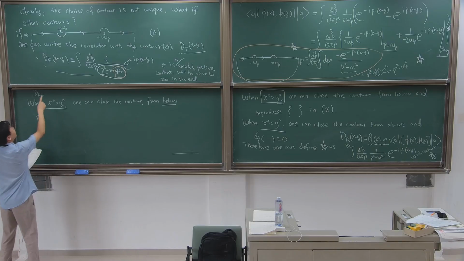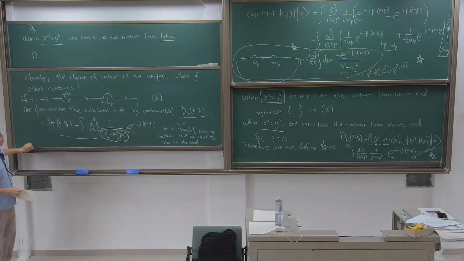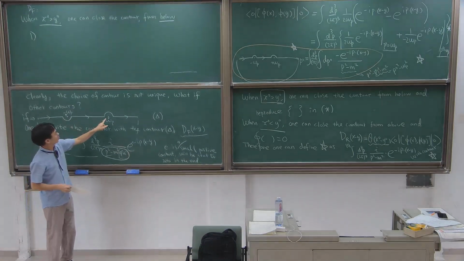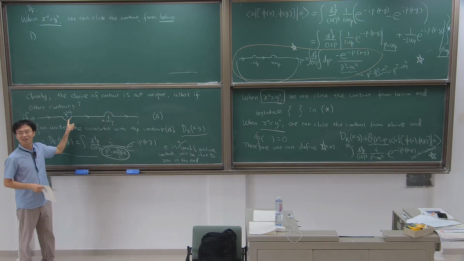Now in this case, I can close the contour in that way. Clearly, this kind of contour will only include this one, right? We only include the residue coming from this pole, but not this one, right? You already get around this pole, okay?